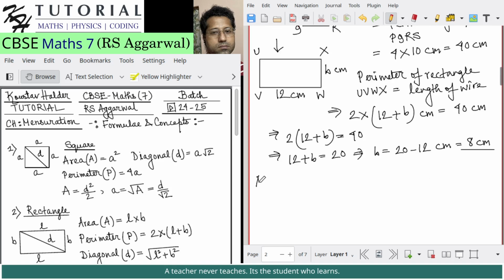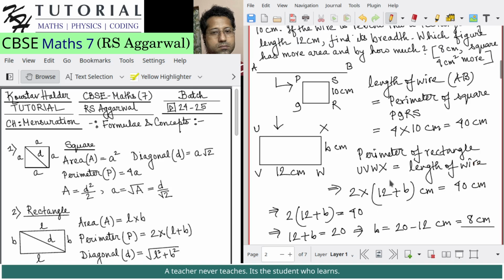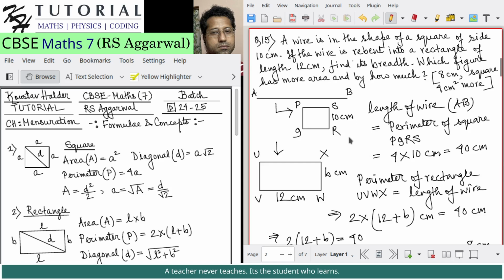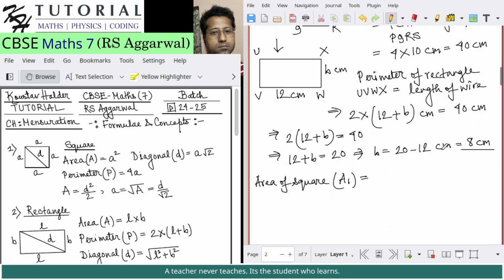So the area of the square, let's say A1, will be equal to the square of the side, which was given to be 10 centimeter. So the area of the square is 10 multiplied by 10 centimeter square, which is equal to 100 centimeter square.